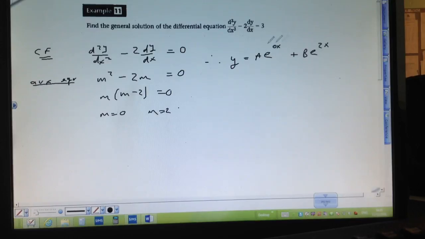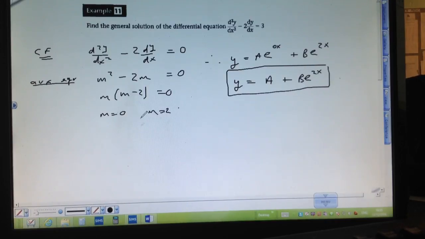That's going to give you 0, so e to the 0 gives you 1. So it gives you y is equal to a plus b e to the 2x. That's the complementary function.